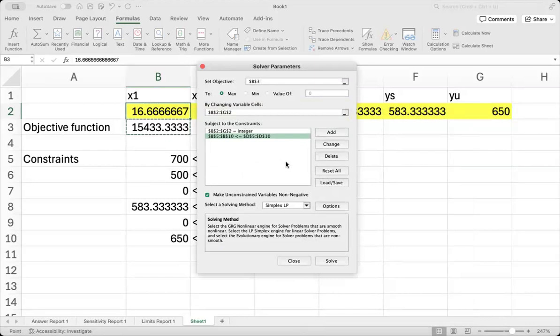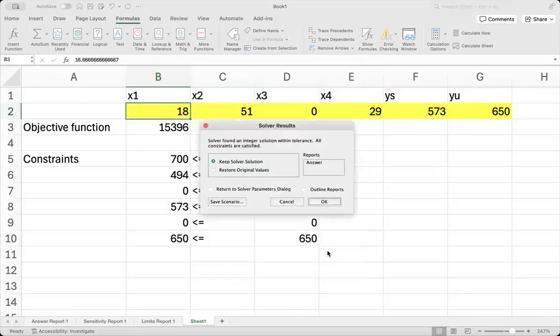Just select the cells of the decision variables and make them integer. And once you solve it, you see that the obtained solutions now are integers.